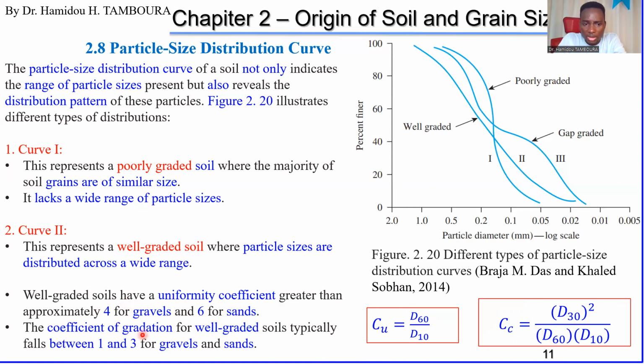And for gravel, the uniformity coefficient is greater than 4 and the coefficient of gradation is between 1 and 3. The two conditions, don't forget. In that case, this gravel is also well-graded gravel.